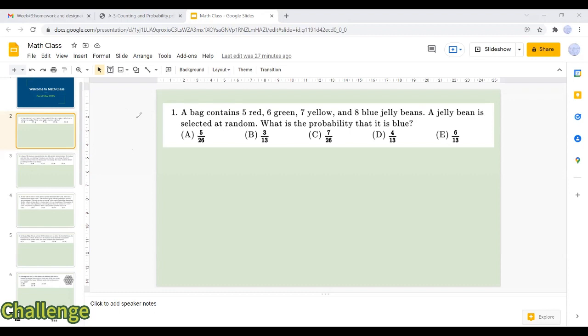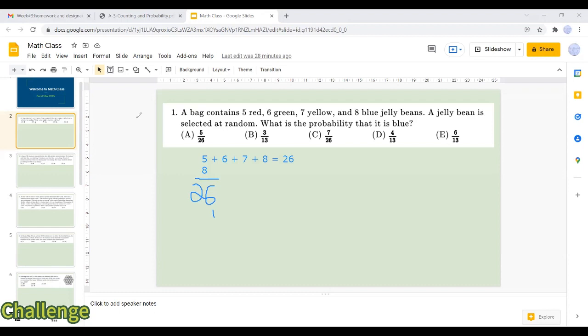Hold on, I think I have to draw for this one. As you can see here, it's a really simple question. All you have to do is add up all the possible outcomes, just combine them, and then put them in as the denominator.